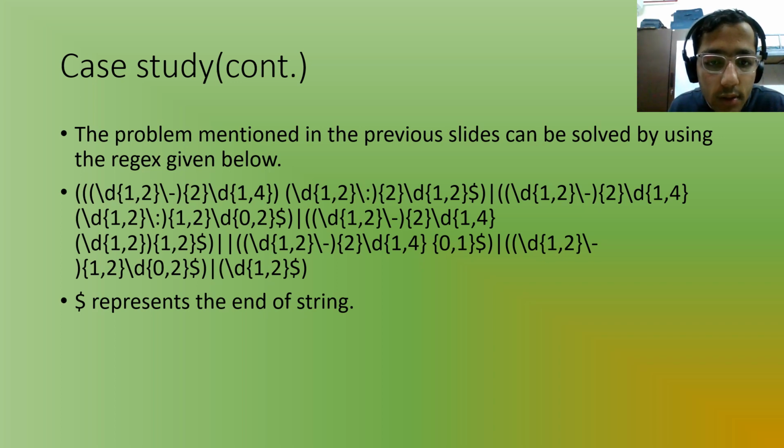That's where the string ends, or another regular expression we can write which is followed by the previous one. This dollar basically tells that the whole string should be printed. Dollar represents the termination.